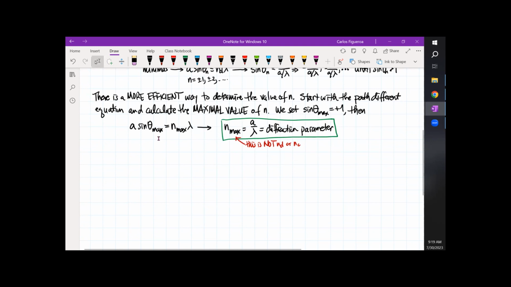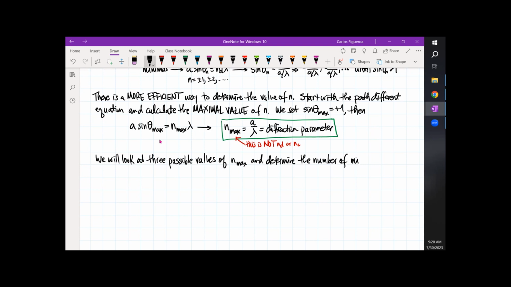So what we're going to do is look at three possible values of n max and determine the number of mins and maxes, as well as the ending part of the diffraction pattern.